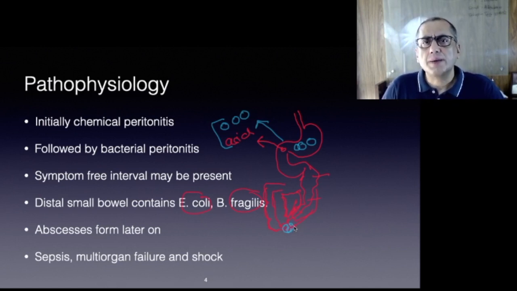Now, the resulting hypoxia in the area facilitates growth of the anaerobes and progresses to an enlarging abscess. If untreated, bacteremia, generalized sepsis, multi-organ failure and shock may occur. So all this pus is going to enter into the bloodstream, and from there it would result in septicemia and so on.